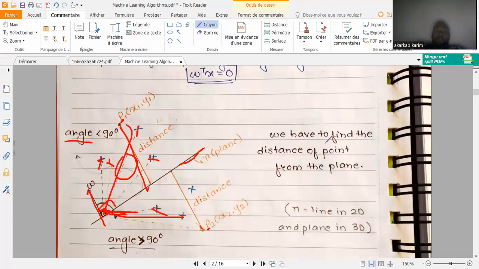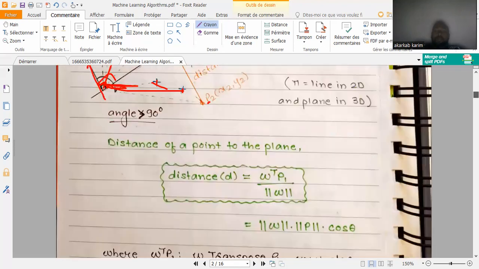So we have to find the distance of a point from the plane. We have a plane here, and we need to find the distance for each point that we have in our plane. A line is in 2D, two dimensions, and we have a plane in 3 dimensions.